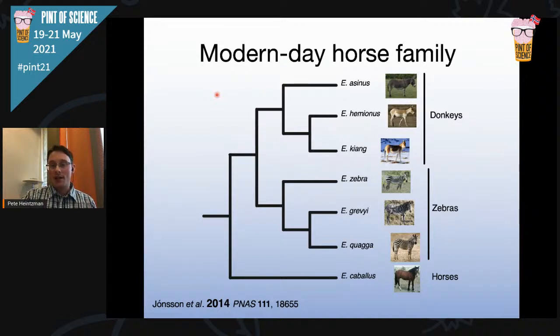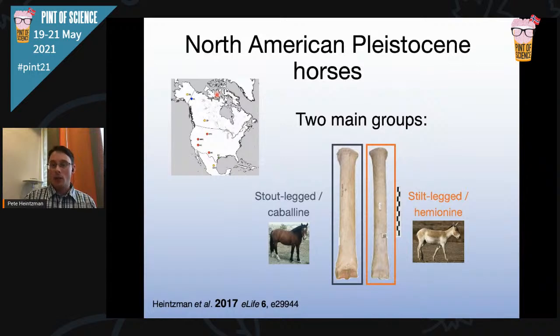But in the Pleistocene of North America, we have lots of different species that have been named, and how valid these species are is up for debate. But there are 2 major groups. There are other groups known, but the 2 main groups known from the fossil record are the stout-legged horses, shown here in blue, and the stilt-legged horses, shown in orange.